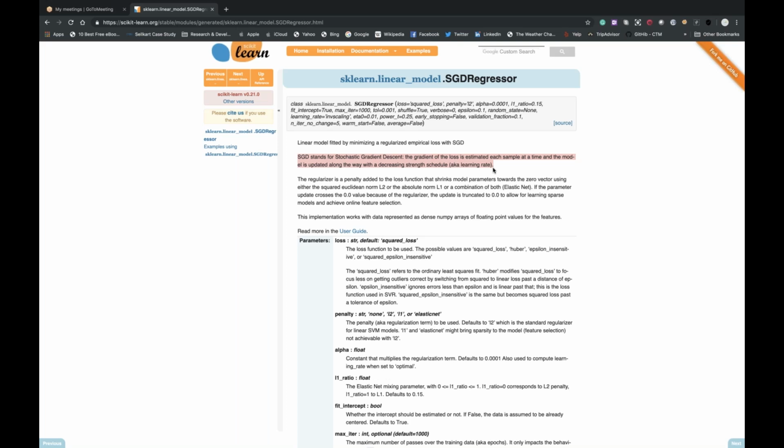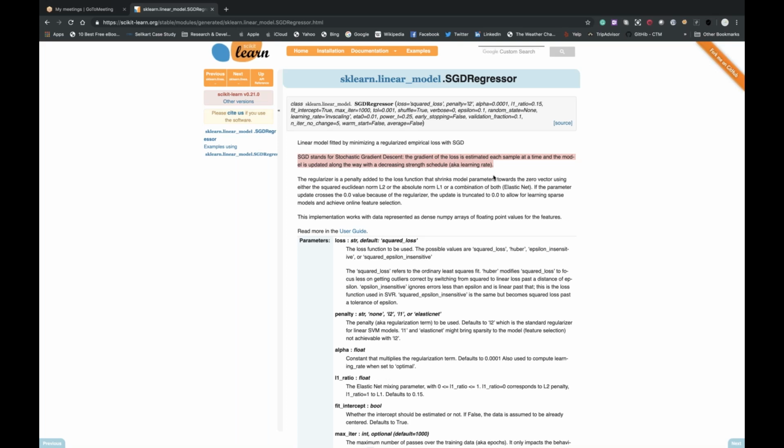So you have 10 iterations. First iteration at this learning rate, this is the gradient loss. At stage 2, this is the gradient loss at this learning rate. At stage 3, this is the gradient loss at this learning rate. Stage 4, this is the gradient loss at this learning rate. That is what it is.